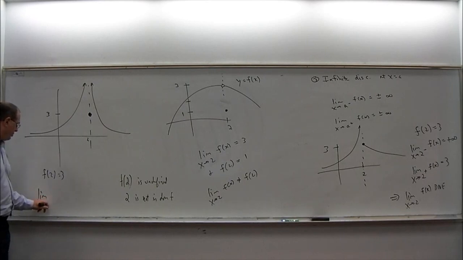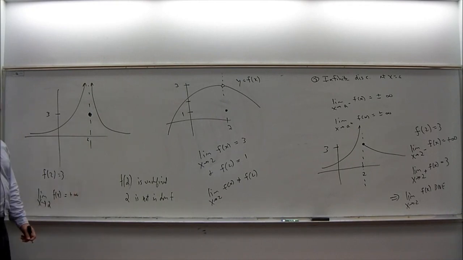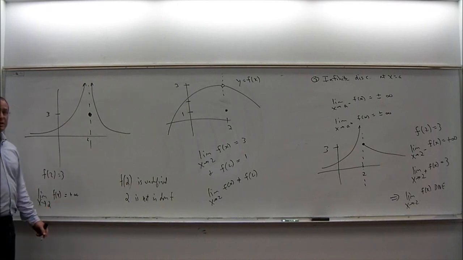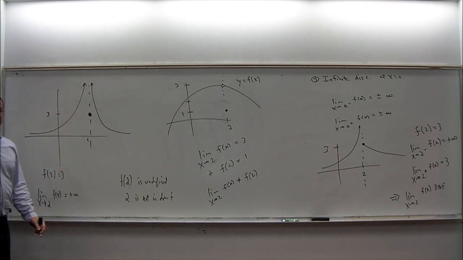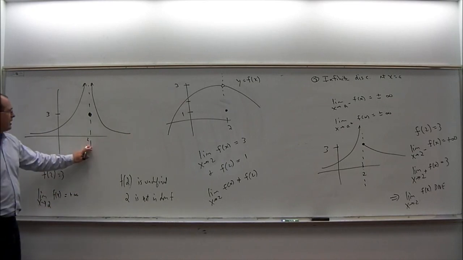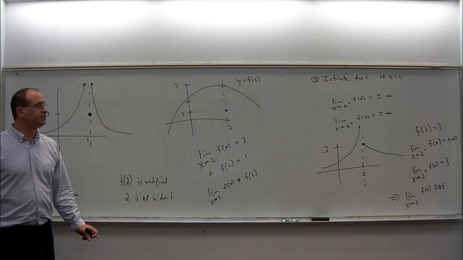The limit as x goes to 2 from either side, maybe equal is not the right word, they're the same, they're plus infinity. So we don't really have a jump per se in this situation because the left side limit and the right side limit are the same, but they are infinite, and so we have an infinite discontinuity at x equals 2. So an infinite discontinuity indicates the presence of a vertical asymptote in the graph.